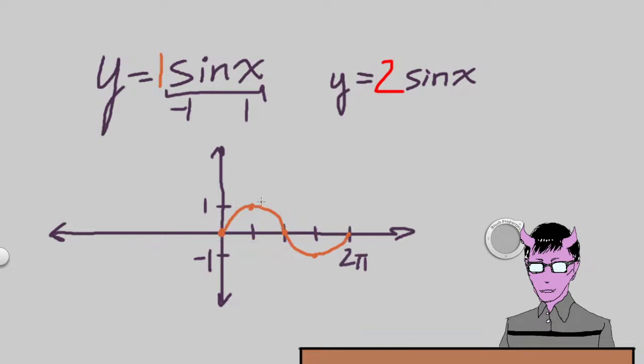What's interesting is this one right here, the maximum value of 1 for the default function. Everything's increased by times 2, so it's now twice as high. So instead of being a 1 hash mark movement to 1 for the y value, it's going to be 1 hash mark over, first interquadrant, to 2.